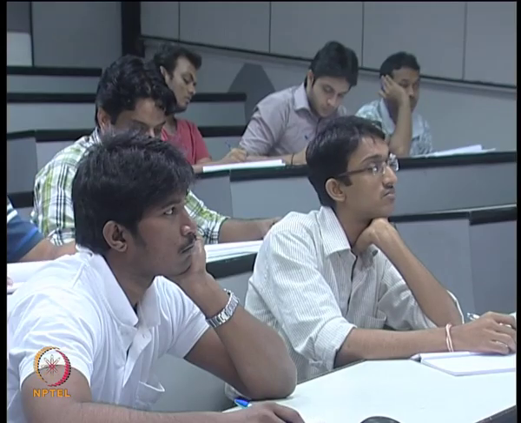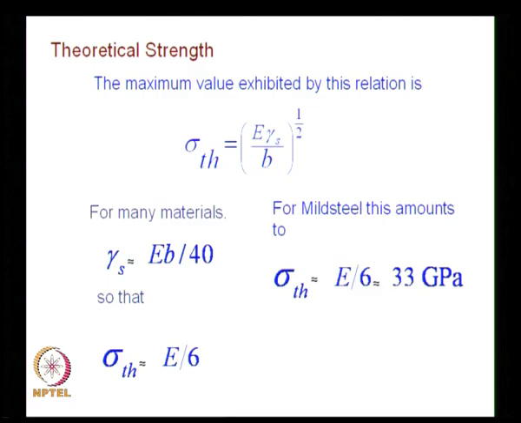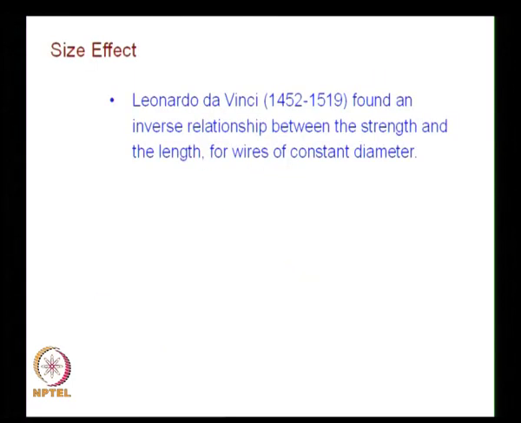Why is this so? This is a puzzle. People wanted to resolve this puzzle for a very long time, and we will look at what are the kind of issues. People based on experiments coined this as a size effect.